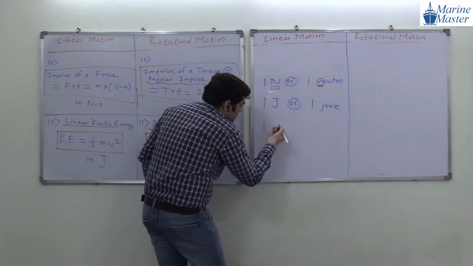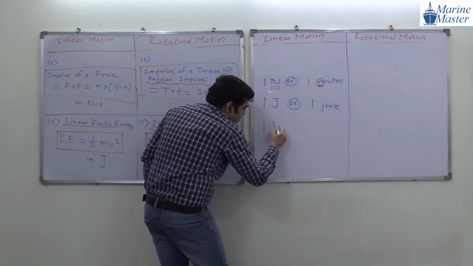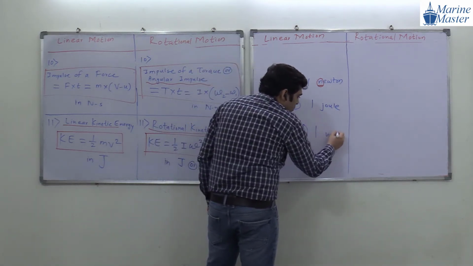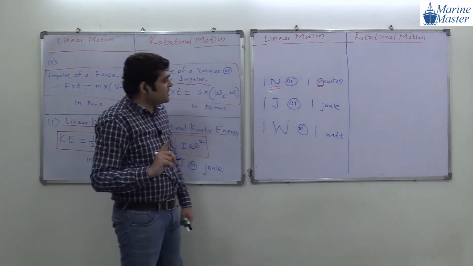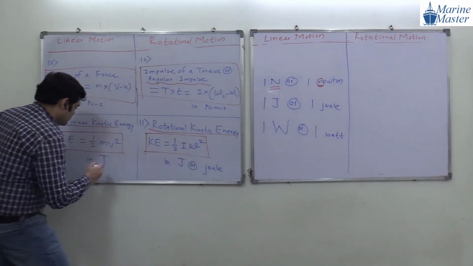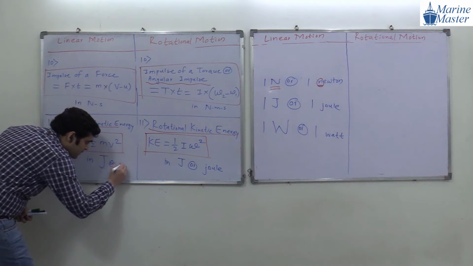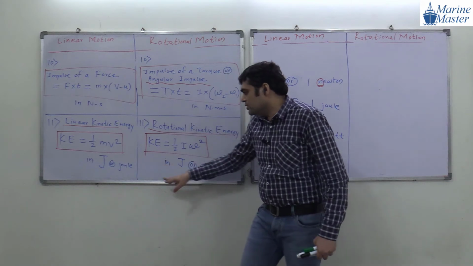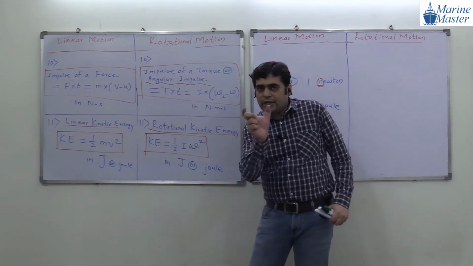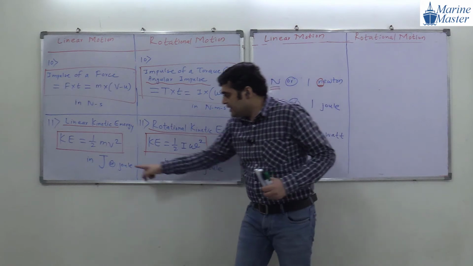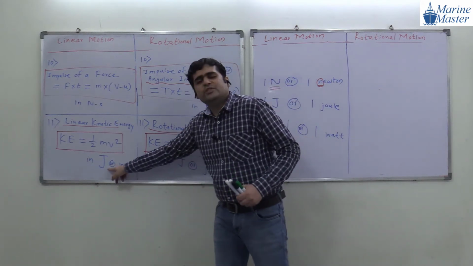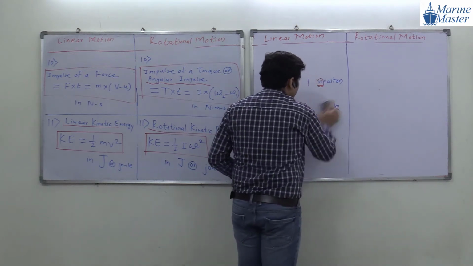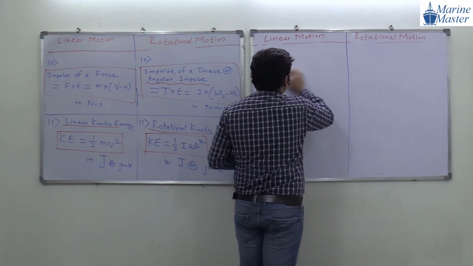Same with watt: abbreviation capital W, but full name, the w must be small. Here joule is not a person's name, it is a unit. These points are very important, so you should be good with these small things.